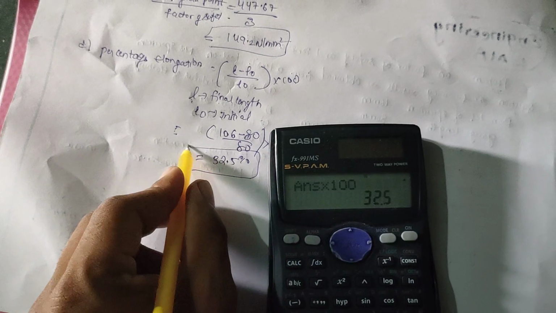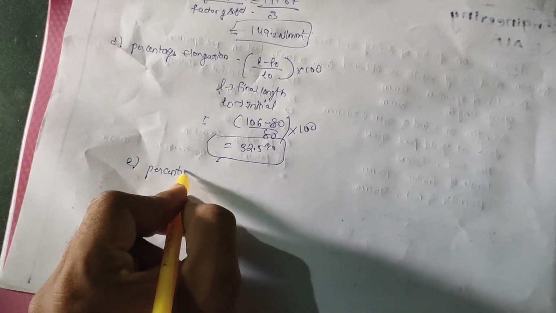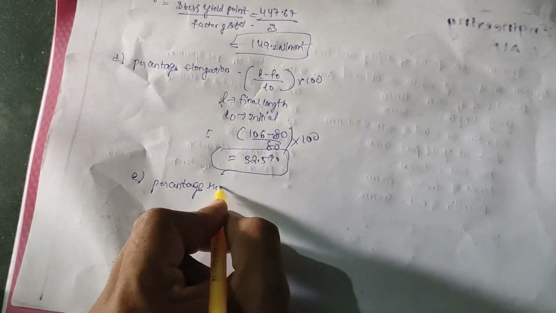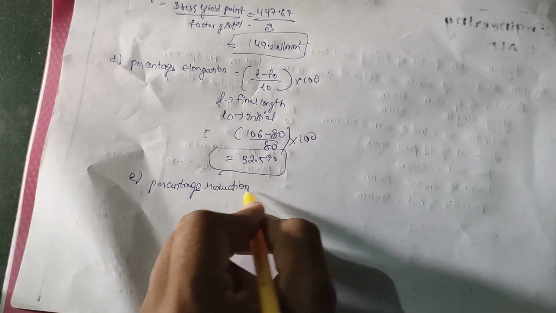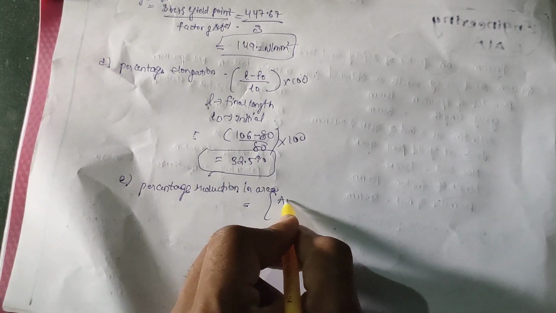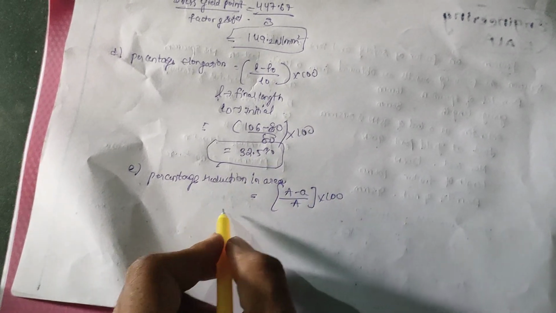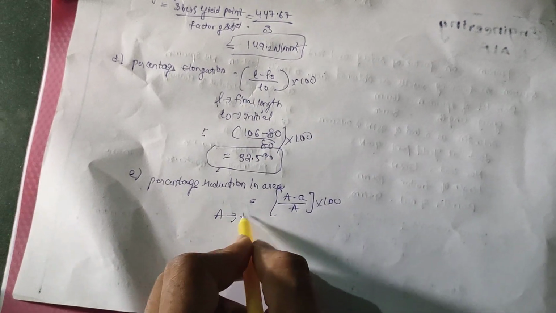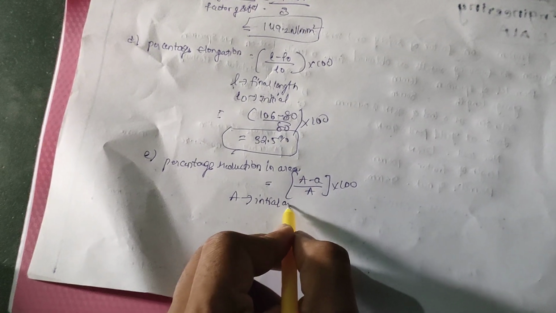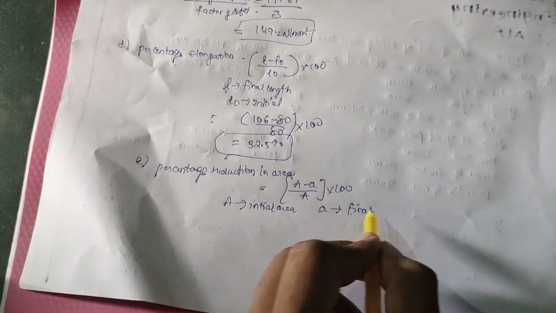So the percentage elongation is 32.5, and next is the percentage reduction in area. We know that it is capital A minus small a by capital A into 100. Here A is the initial area and small a is the final area.